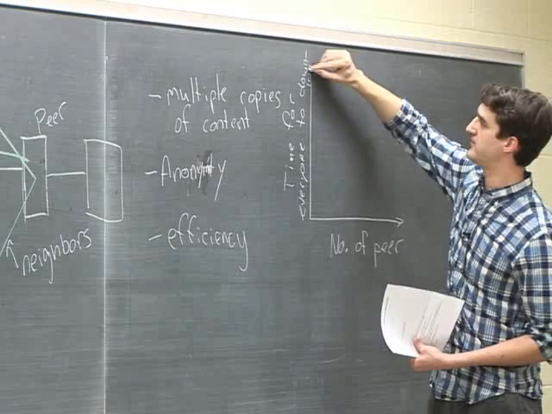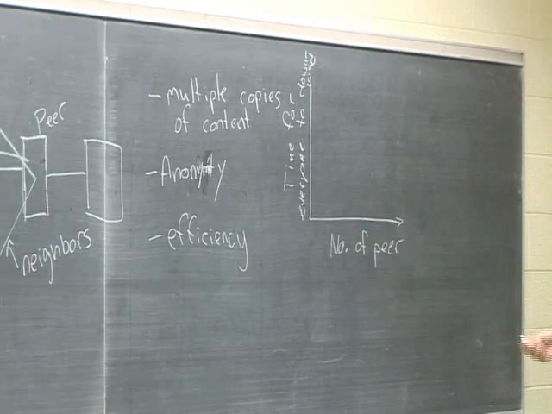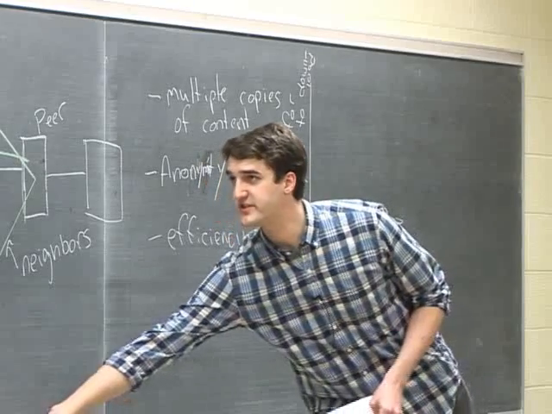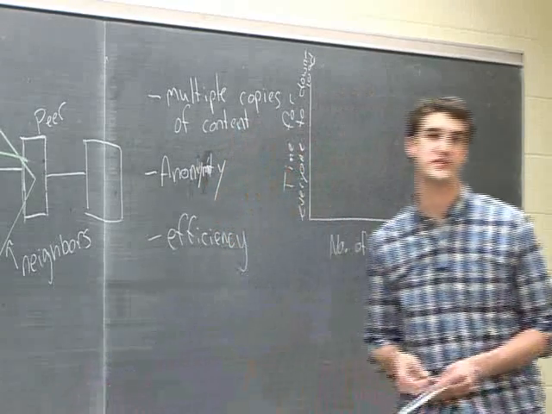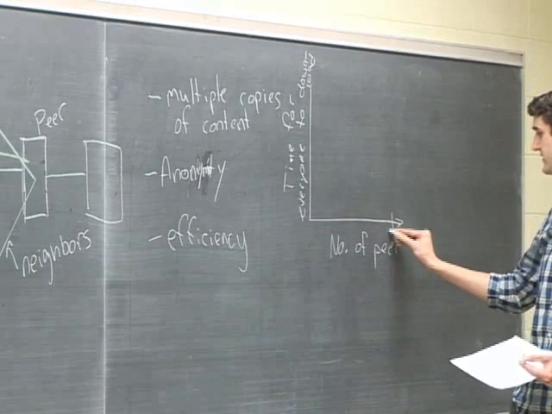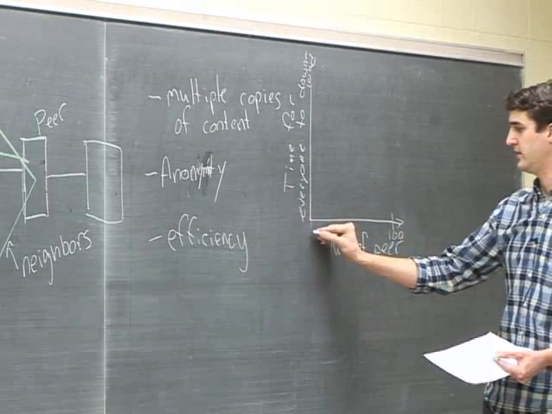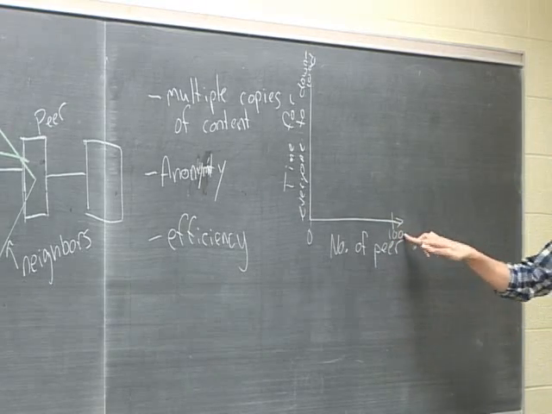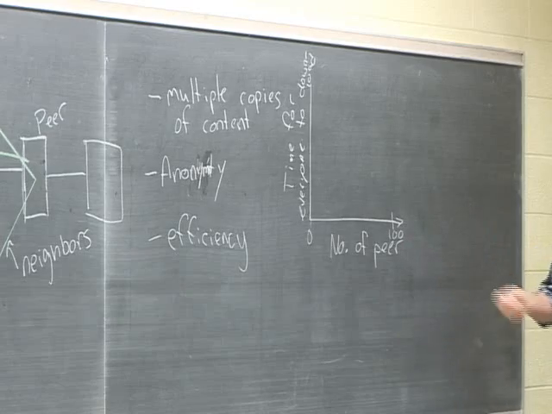If we were to use the standard model where we have a single server that's distributing to all these different peers, let's say up to 100 peers, this chart's not going to be precise, but just to give you some scale.